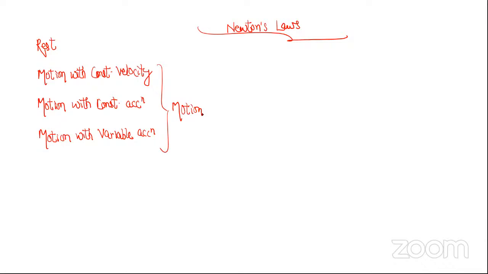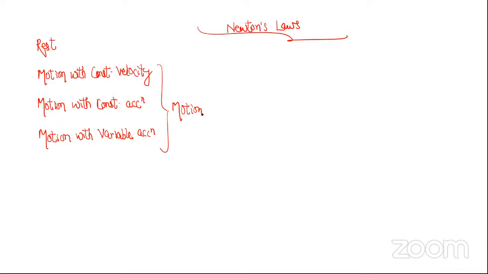How is velocity constant? It's increasing. So what kind of motion is it? Constant acceleration. Here velocity is increasing by the same, equal amount, so it's constant acceleration.